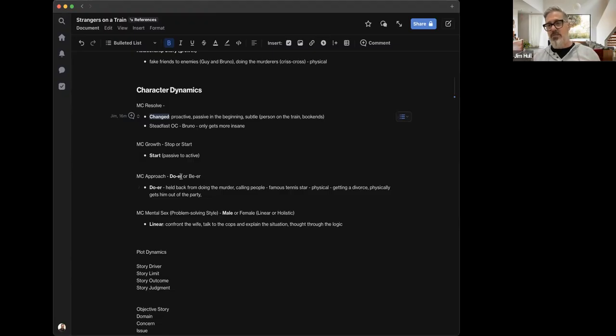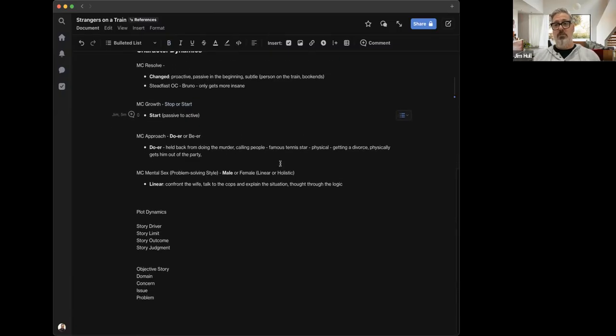So that's why it's Doer, right? Whereas if it's psychology or mind, they're in that internal domain, and their first mode of dealing with any kind of problem is to be. So that's where you're getting this. And then this one is just a relationship between the main character and the objective story.